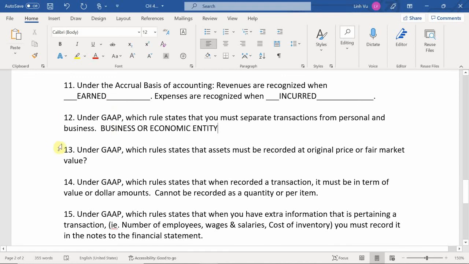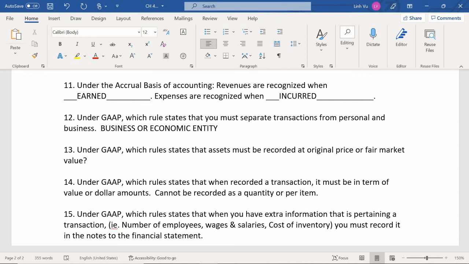All right. Number 13, under GAAP, which rule states that assets must be recorded at original price or fair market value? Monetary. Okay, so monetary is a good guess.